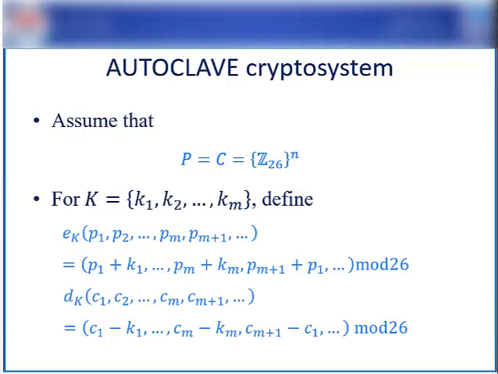However, after the first m letters are encrypted using the key sequence, to encrypt the m plus first letter of our plaintext, we use the first letter of the plaintext itself. To encrypt the m plus second letter of the plaintext, we are going to use the second letter of the plaintext, and so on. That is, after the first m letters are encrypted, we start using the plaintext itself for sequencing the key.